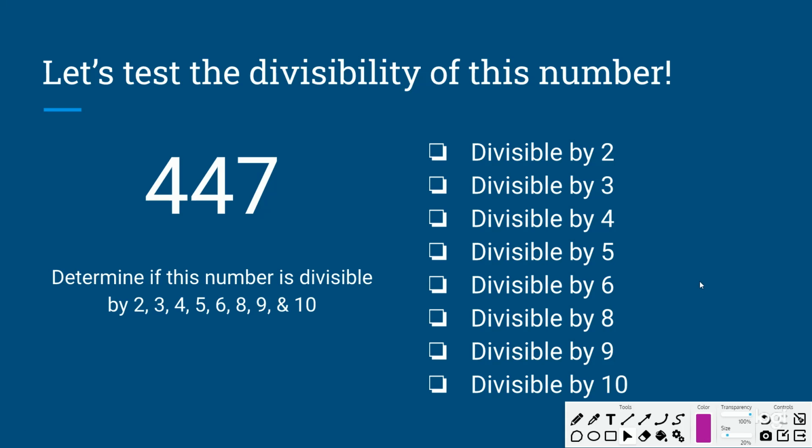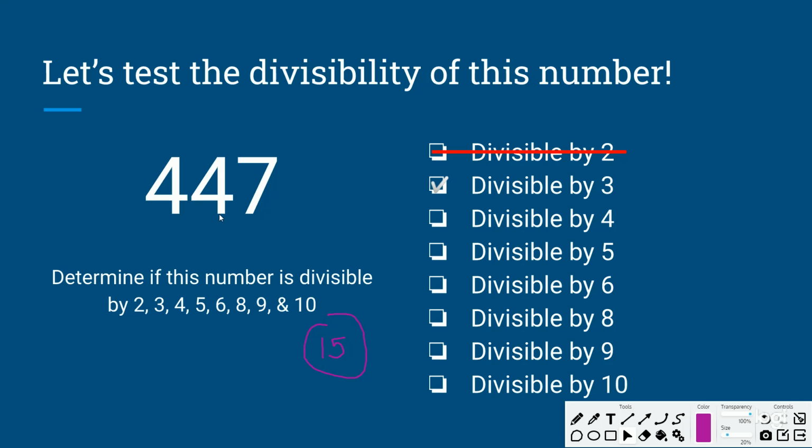We have 3 examples left that we're going to go over. The next one is 447. So the last number is odd, so I know it's not divisible by 2. If I add up all of the numbers, 4 plus 4 is 8. 8 plus 7 is 15. Is 15 divisible by 3? Yes, it is.